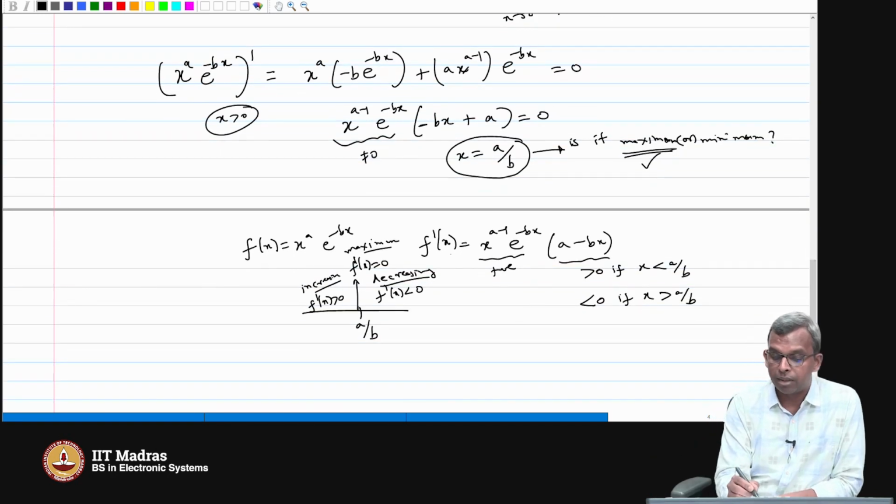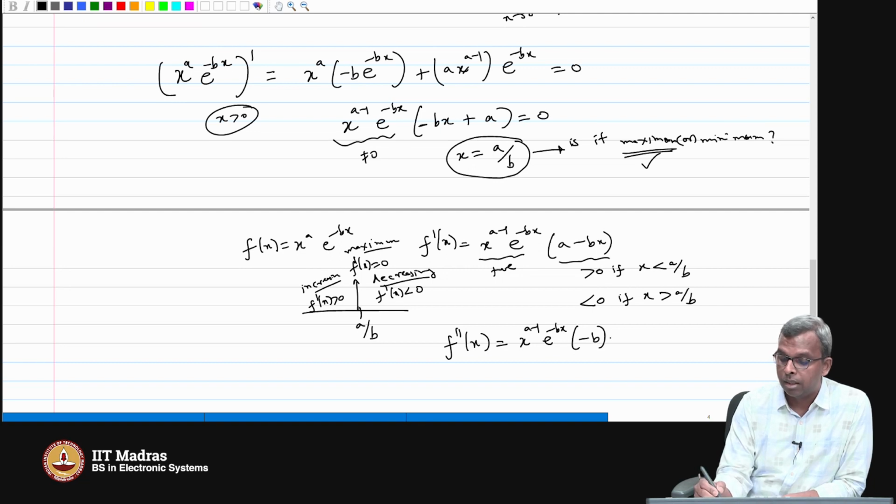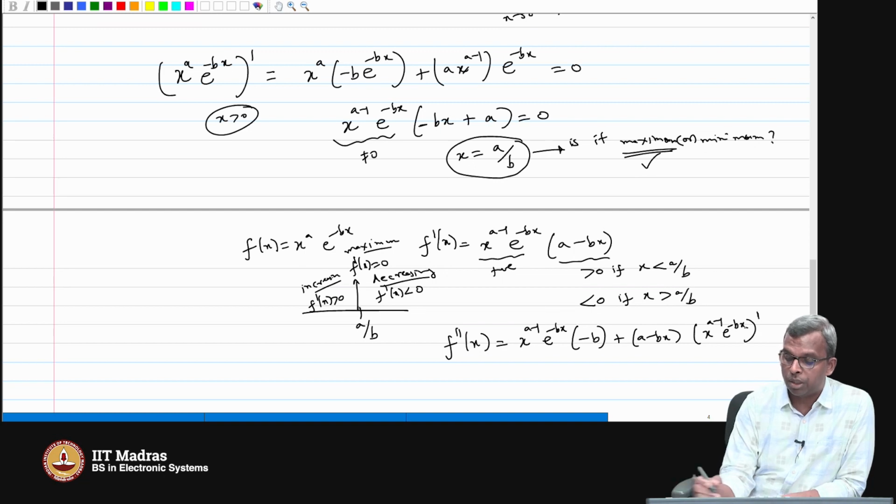Another way of doing it is you can differentiate f prime once more. If you differentiate it once again, you are going to get x power a minus 1 e power minus bx times minus b, that is the derivative here, plus this a minus bx times the derivative of x power a minus 1 e power minus bx. So, you do not need to bother about that derivative.